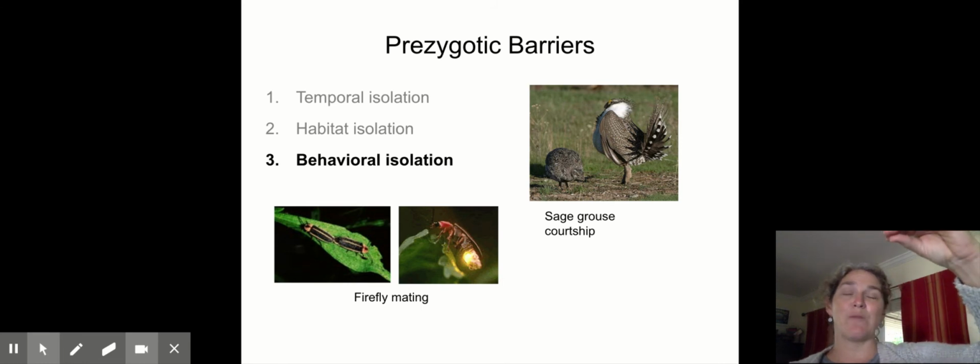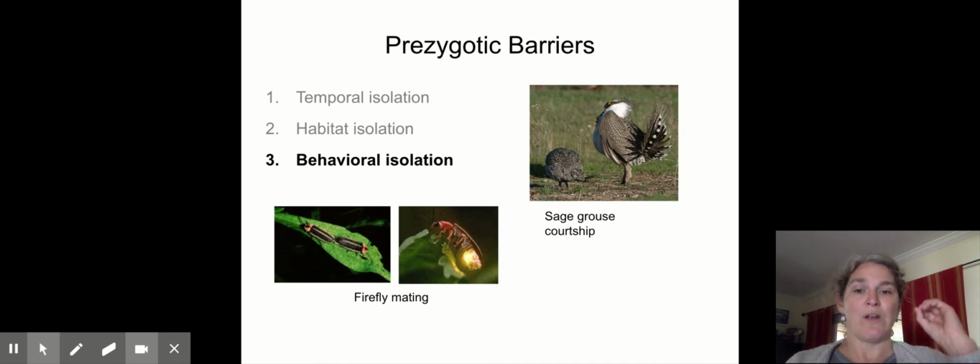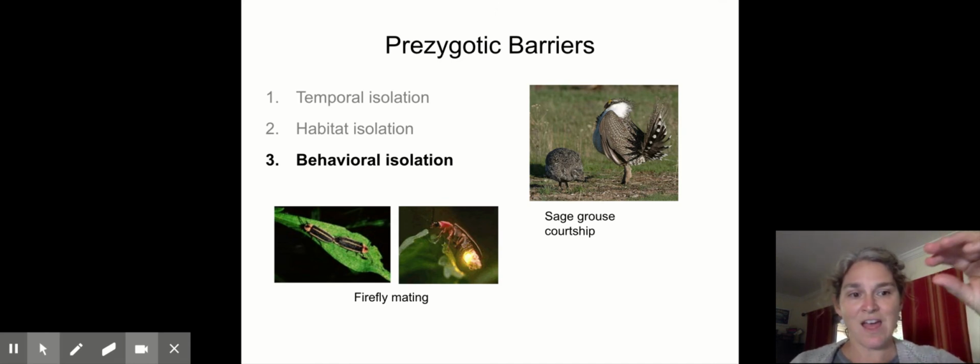The males will be flying up in the air flashing, and one species might have a flash pattern like flash, flash, flash, flash. There's a female of that species, and the females hang out in the grass or the leaf litter below. The female of that species will respond to that flash pattern. So when the male goes flash, flash, flash, the female will go flash.